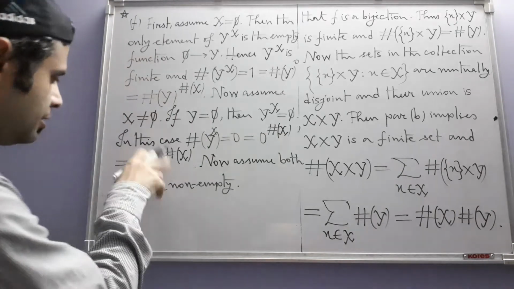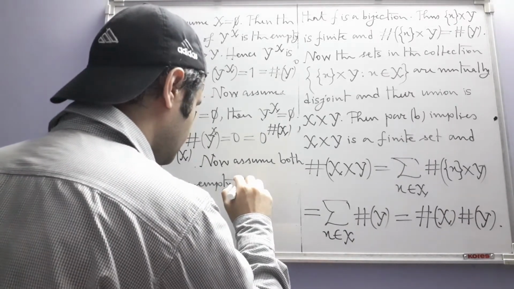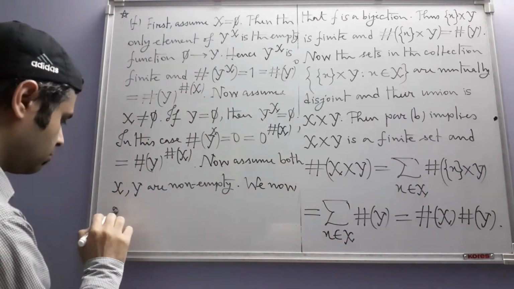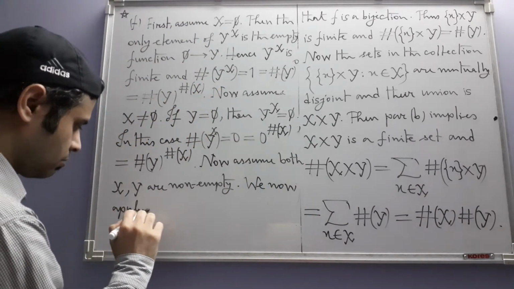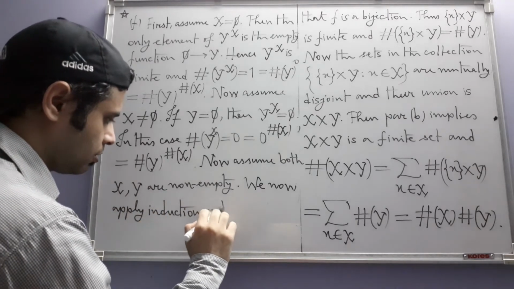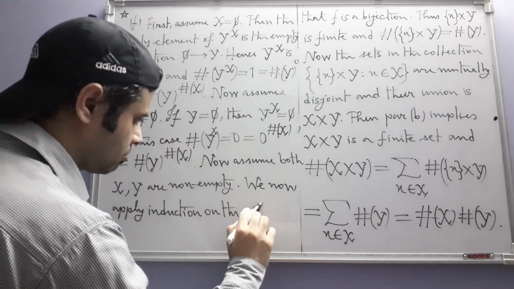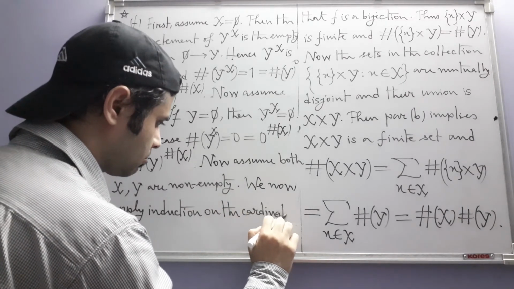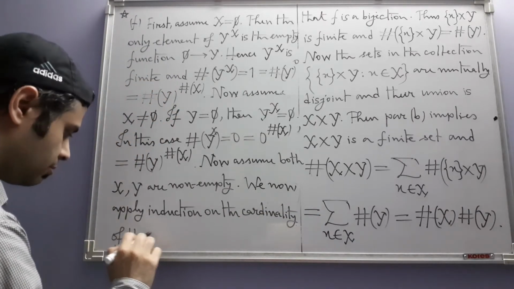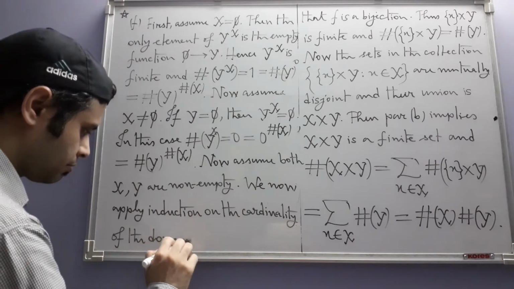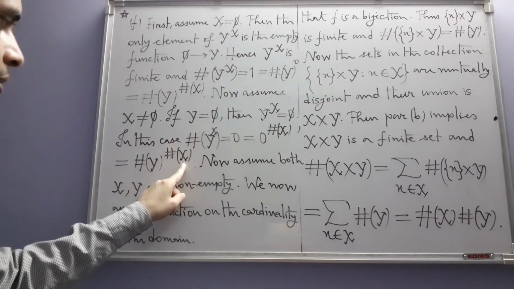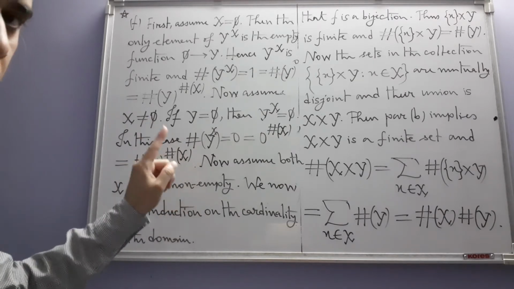Fixed means it can have any value. We now do induction on the cardinality of the domain. So what is the smallest possible value this number can take? Since it's non-zero, it will be 1.